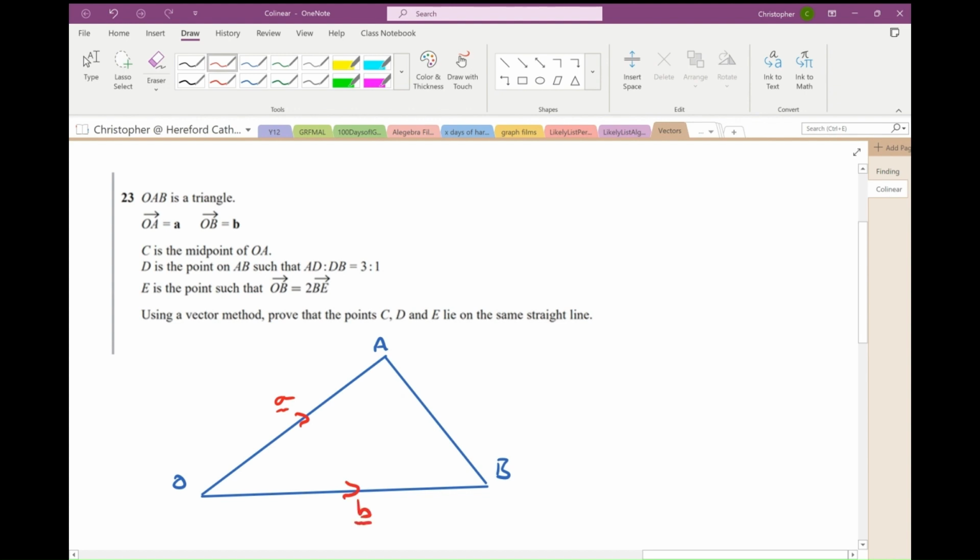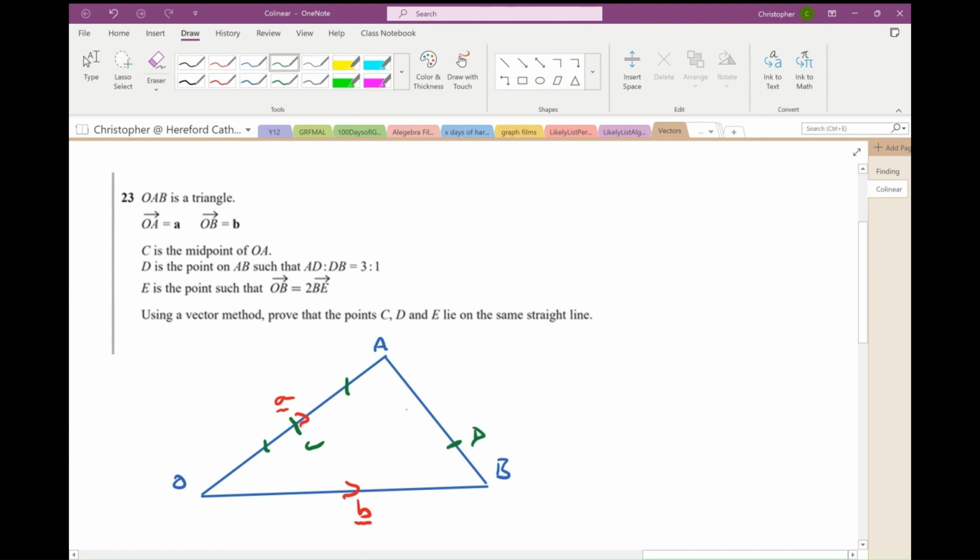Okay. C is the midpoint of OA, so those two sides are equal there. Good. D is a point on AB such that AD to DB is 3 to 1.